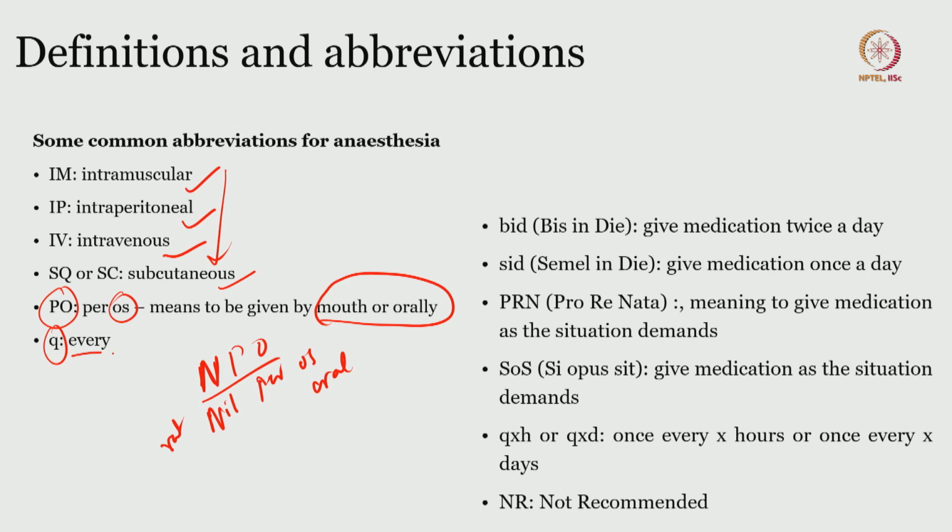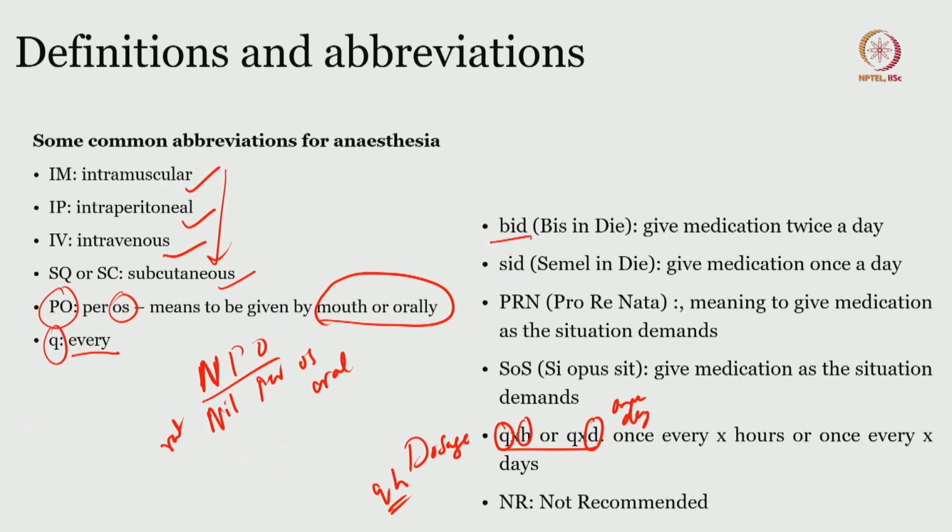Q refers to every. So where does this Q come in? Here in the dosage. This particular drug has to be given every hour. So it is Q into H or just QH. So this Q refers to every hour or every day, or basically once in every hour or once in a day, that is QH and QD.